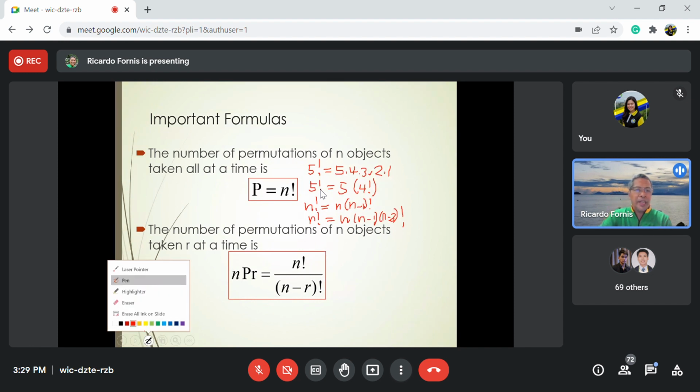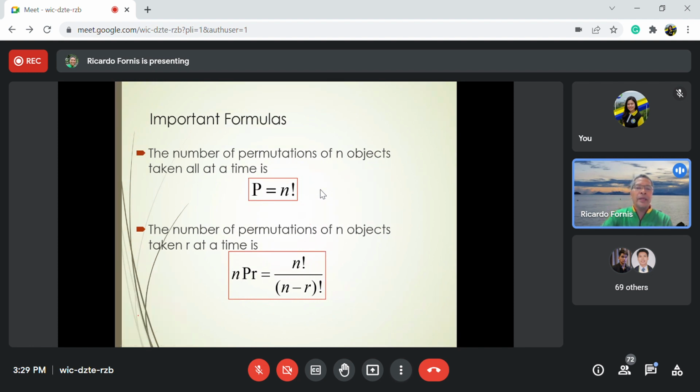To verify that, you apply the principle of counting. So what is that principle of counting? Consider n objects: 1, 2, 3, 4, up to n. You want to get the grouping of all the objects.